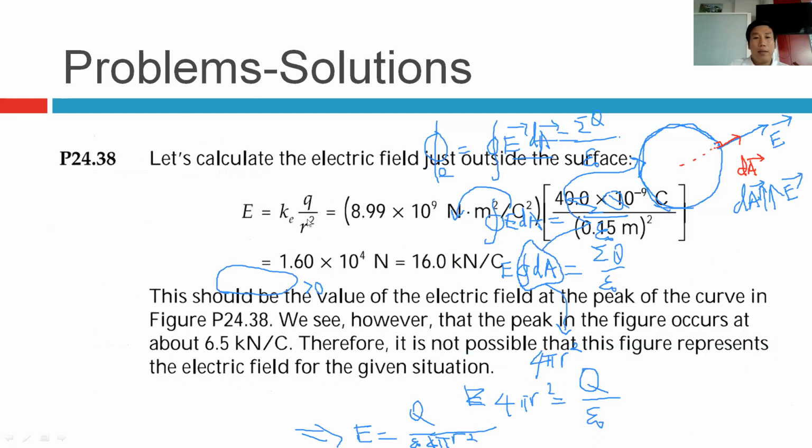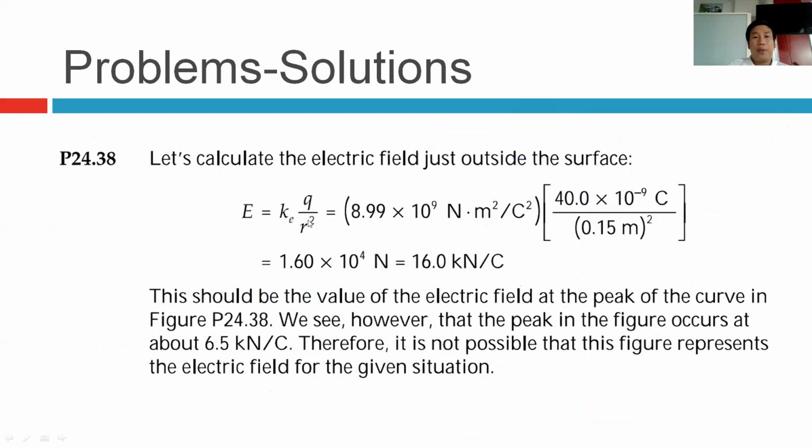And then you have the result here. Once they give us k_e, which is 1 over 4 pi epsilon 0, it's the same as our result.